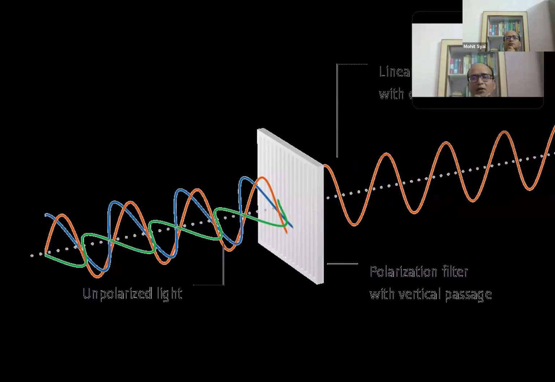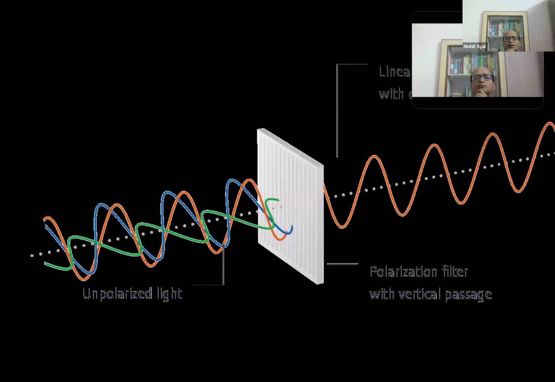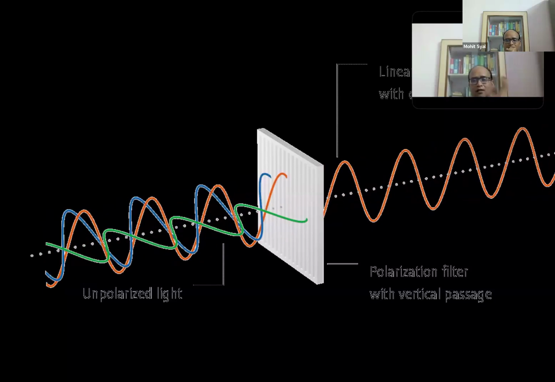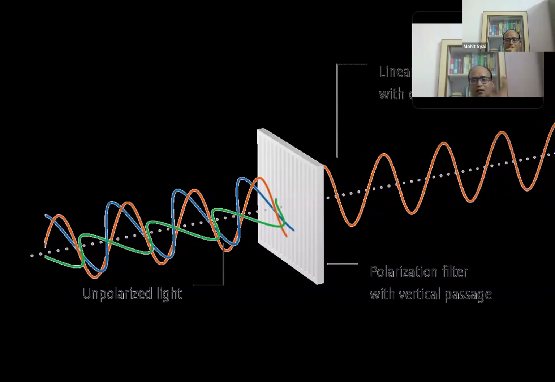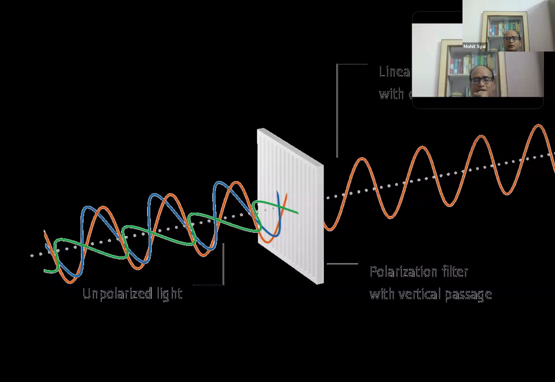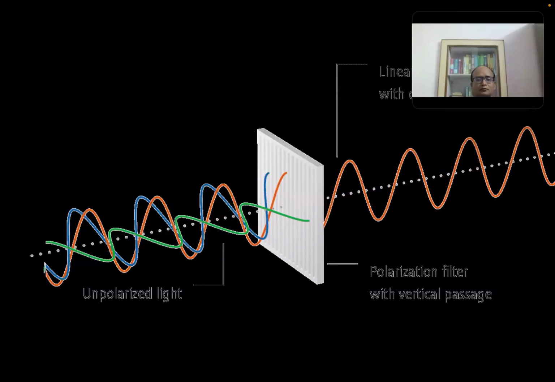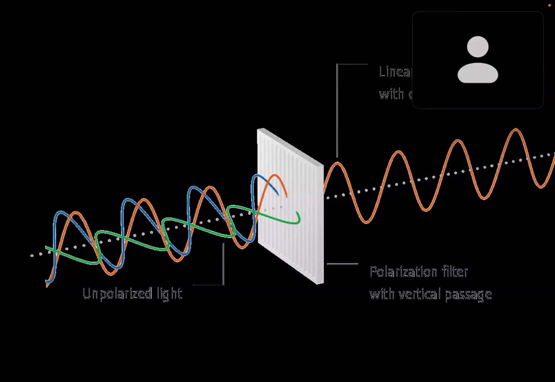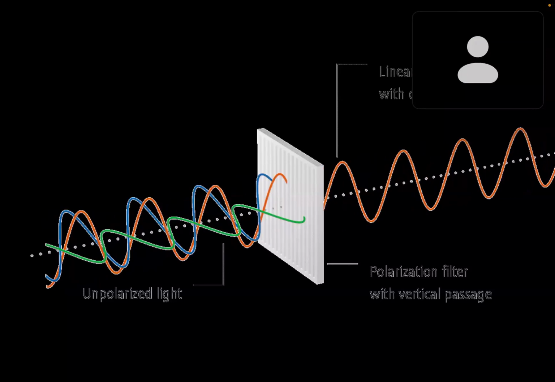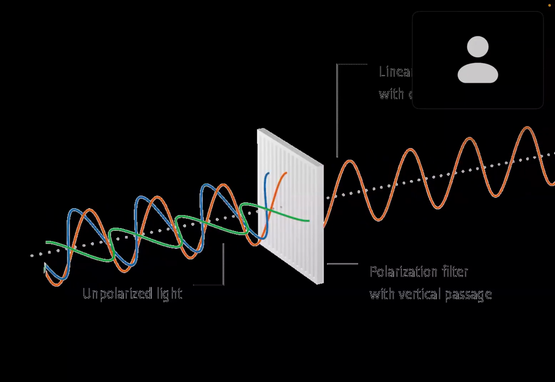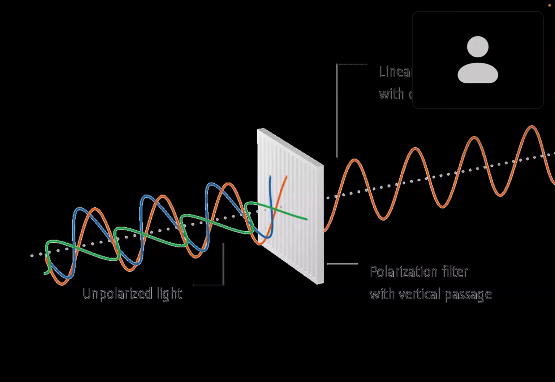Got it? I hope this is clear. Just let me stop the camera so that you can see it more clearly. Right, so this is the polarizer filter, polarized light.